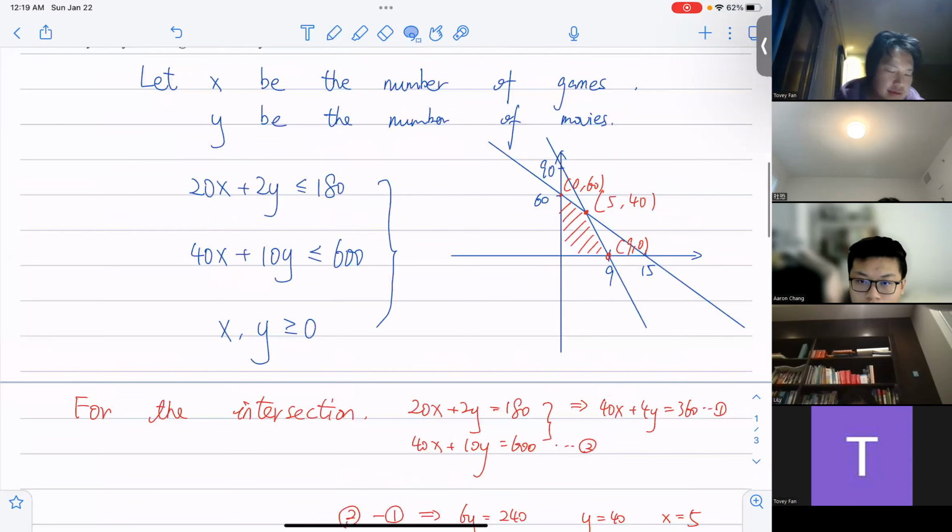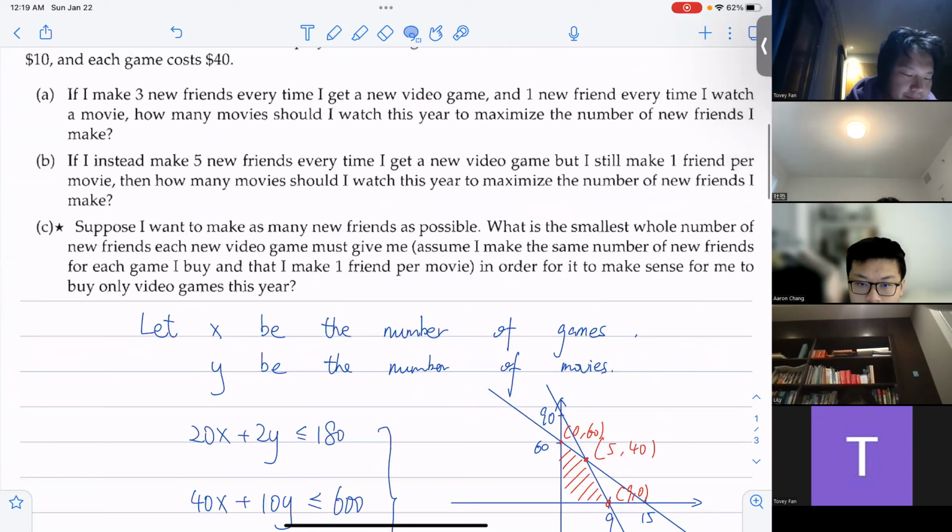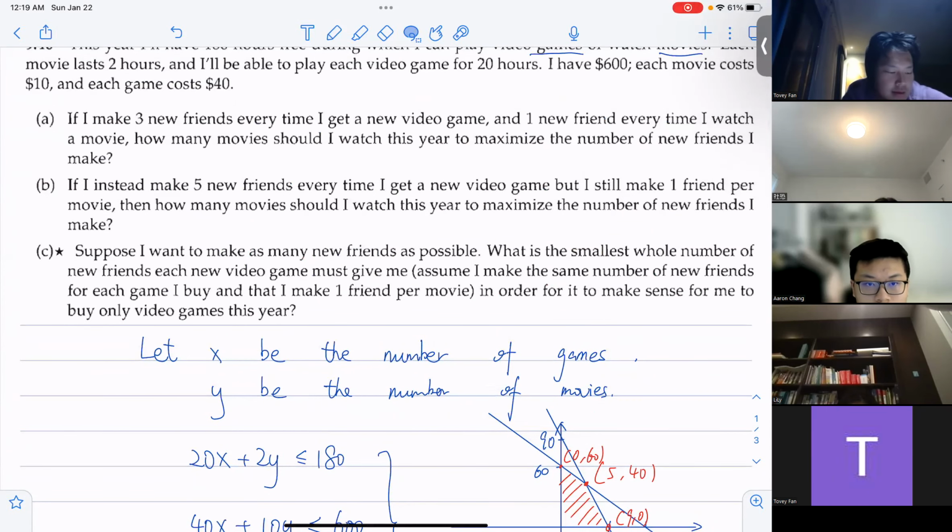All right, then let's go back to question A. So question A says, if I make three friends each time I get a new video game and one new friend each time I watch a movie, then how do I maximize my number of new friends? So question A is asking for the maximum value of what?